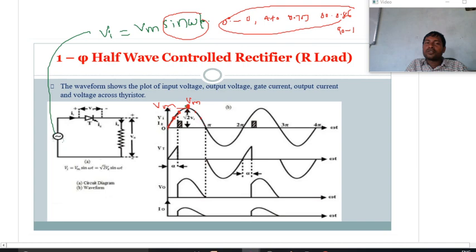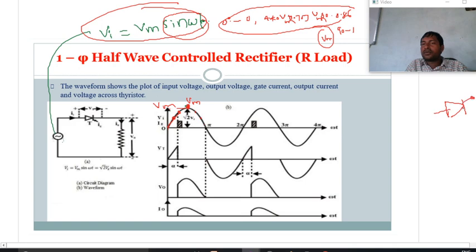This is the thyristor. The thyristor symbol is like this, just like a diode, and also a gate is provided like this. This is anode and this is cathode, and this is gate. The three terminals are available. The AC supply is given in series with the thyristor, and the voltage across the thyristor will be Vt, and this is connected to a resistive load.